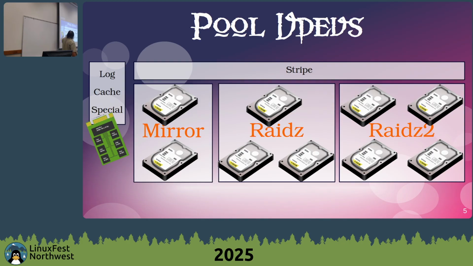This allows you to set up all your disks, have all that space available all up front, and as you create file systems, then you start to begin to use your space.